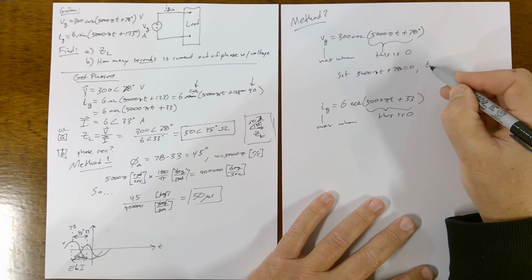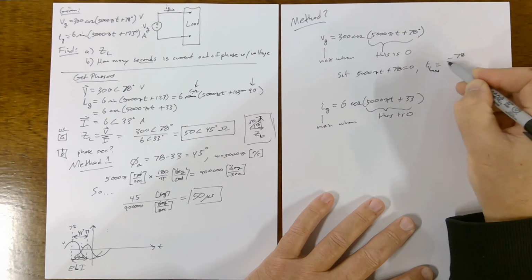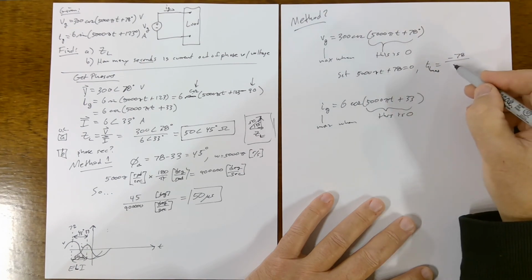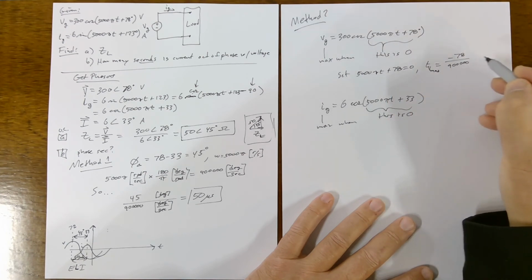So t of v max, let's call it, is minus 78. Solving this for t, minus 78 over 5,000 pi is 900,000.